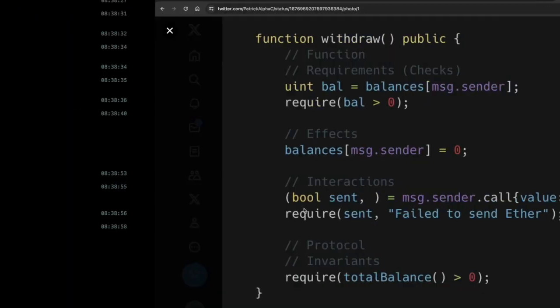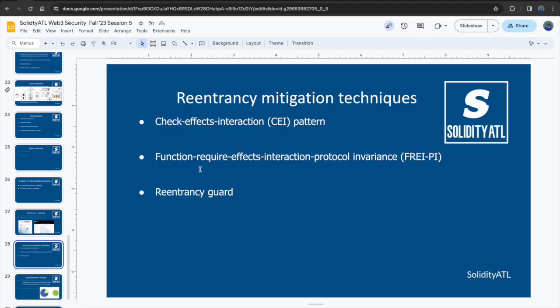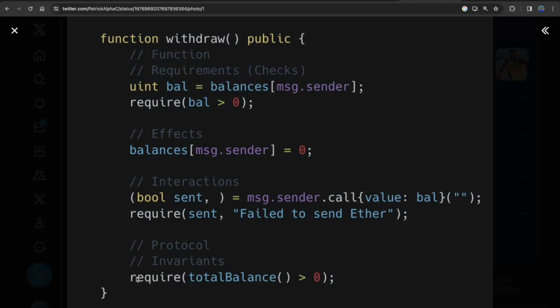But this other method, the function, require, effects, interactions, protocol, and invariance, I would honestly label it checks, effects, interactions, and invariance pattern. In this pattern, the only difference is we have a protocol invariant. So this is a great programming pattern to make sure, even after you have checked for something, from a look at your whole protocol, is this logic something that should actually occur?